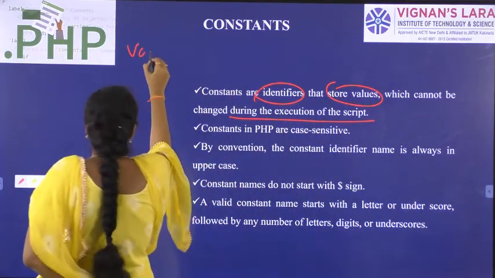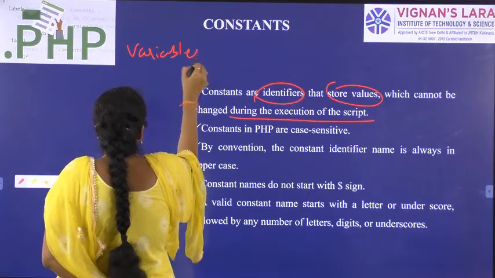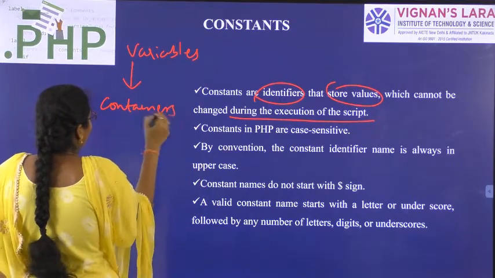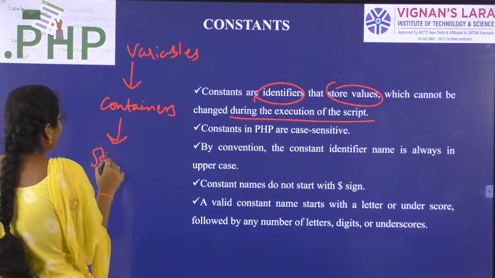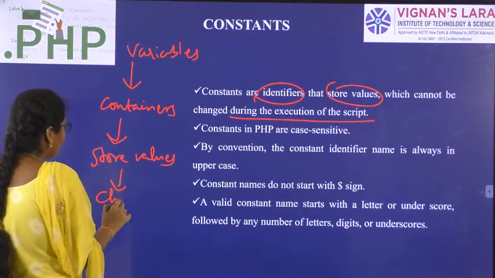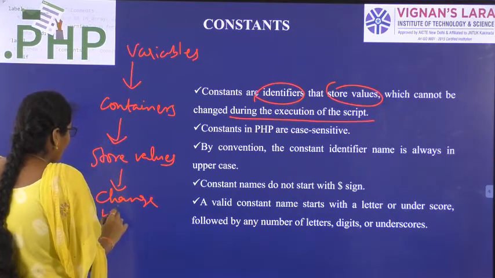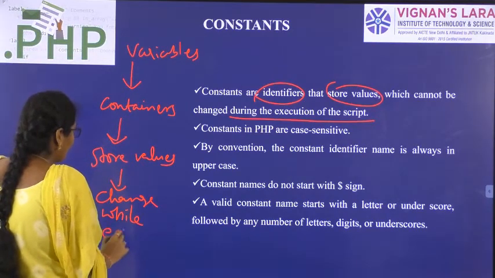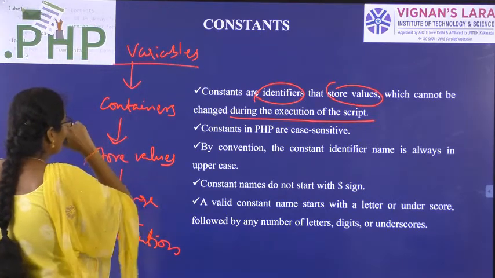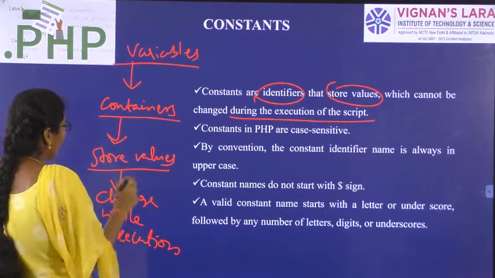So variables are nothing but containers. These containers are used to store values and these values can be changed while execution. So we have the concept of variables which are nothing but containers to store values.